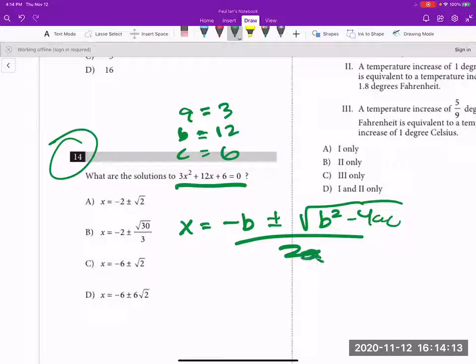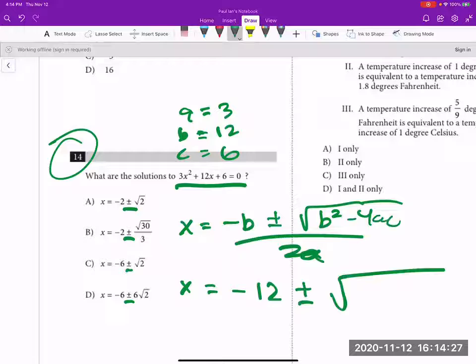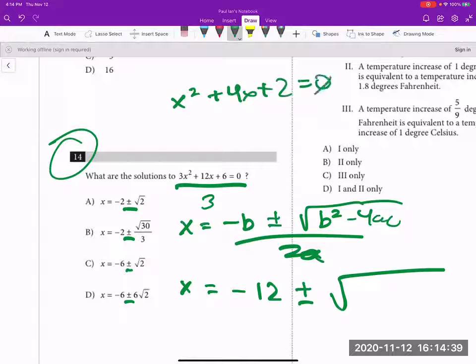So let me see. It seems like they're not asking you for the exact value, so I will just plug in the numbers and see if you can simplify it. Minus 12, and let's see, 12. Oh yeah, the very first thing I would do to make life easy is just divide everything by 3. So x squared plus 4x plus 2 equals 0.